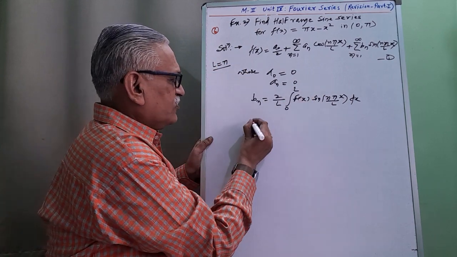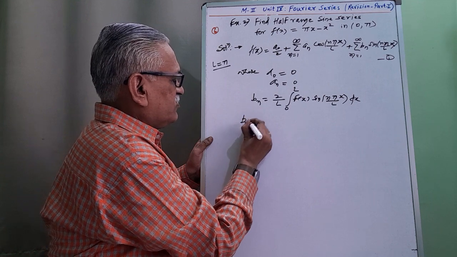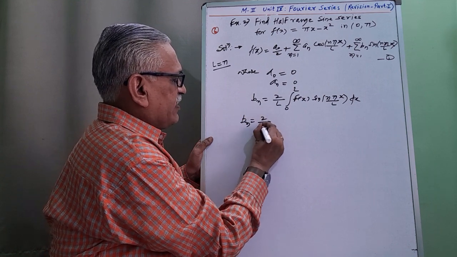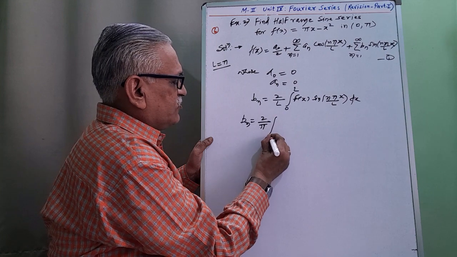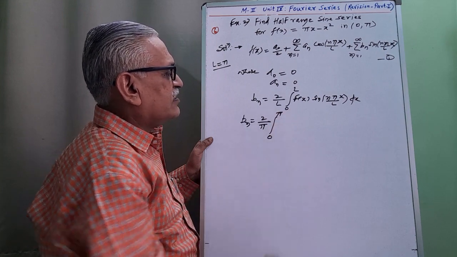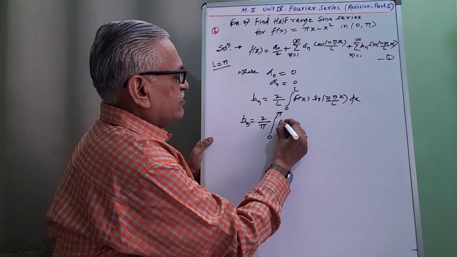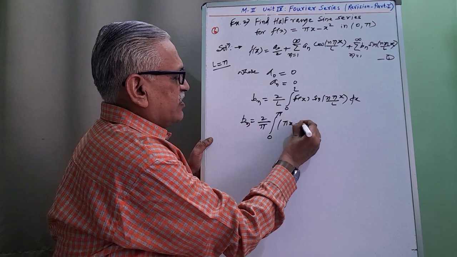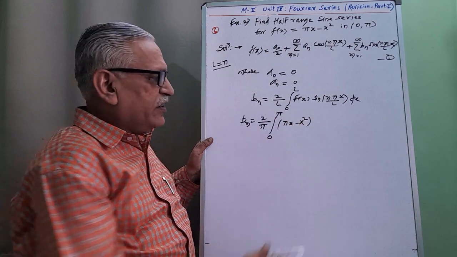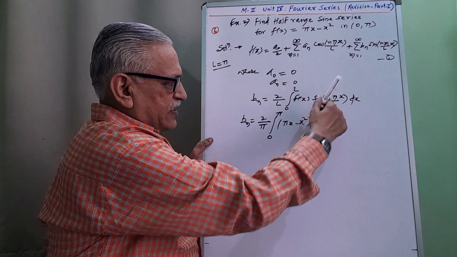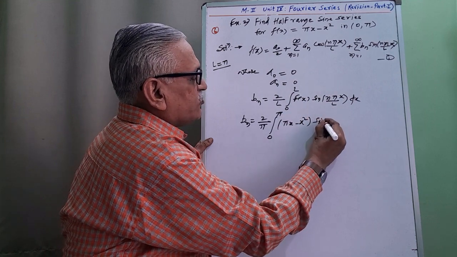Substituting that value, we get bn is equal to 2 by pi integration from 0 to pi, f x is pi x minus x square into sin n pi x by pi, pi gets cancelled, we get sin of nx only.